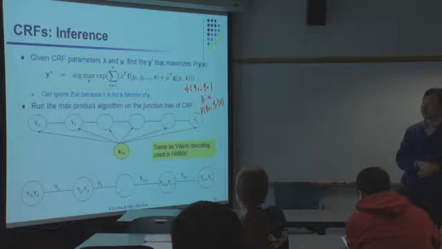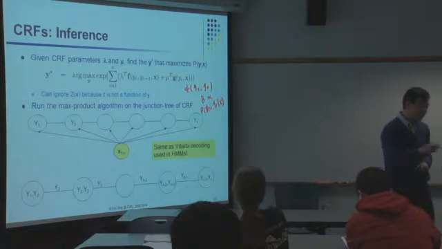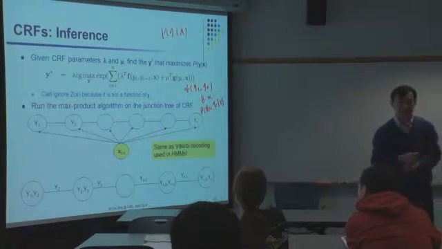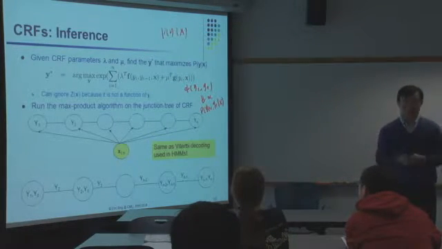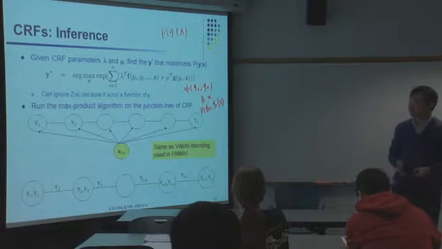Or maybe I should ask: is CRF a supervised model or an unsupervised model? It must be supervised because by definition, you worry about y given x. And if you don't even observe y, this whole problem is invalid. So it's a supervised learning problem.